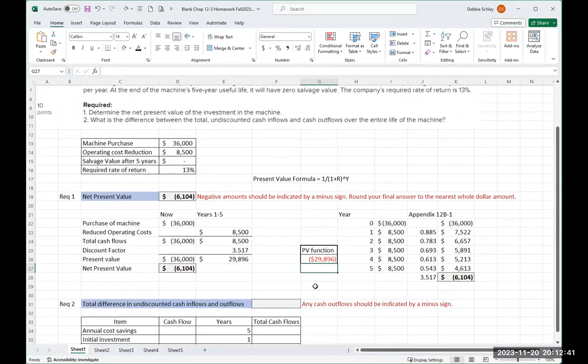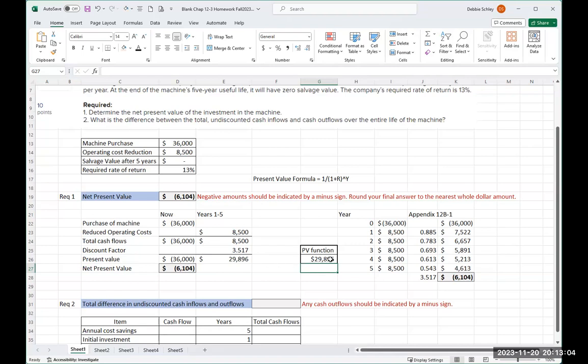And that gives me, oh, I forgot. I didn't want that to be negative. So I either need to put a negative in front of the payment, or I can put a negative in front of the PV so that that will show as a positive number. Okay, so, and that's the same as this.